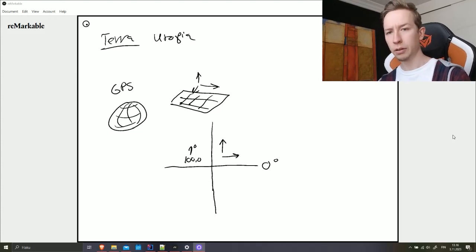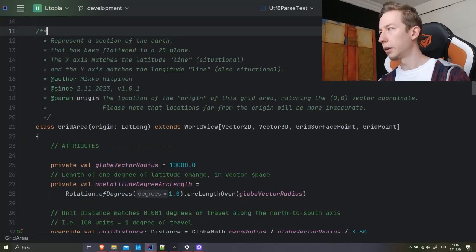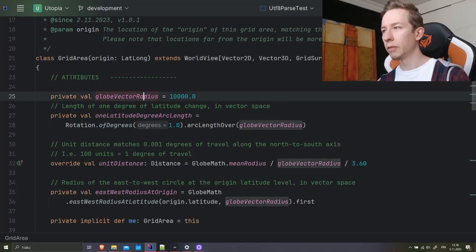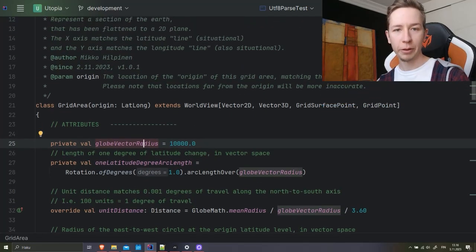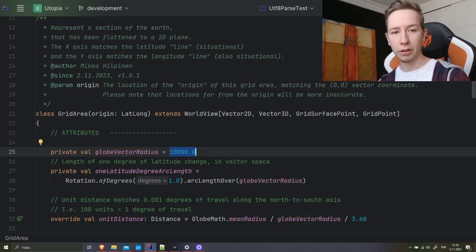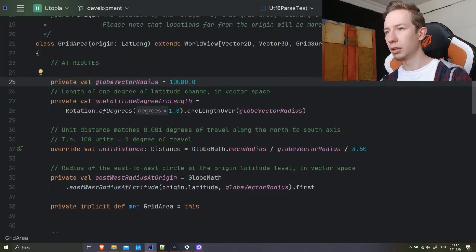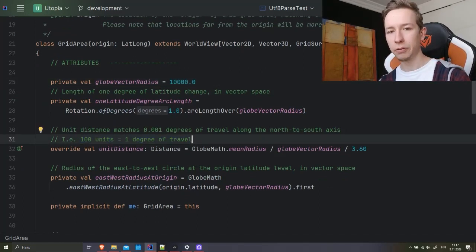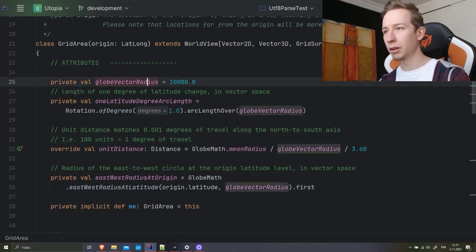Which brings to my mind, let's just check if we had here globe vector radius. Okay, yeah. Here we are immediately faced with a problem: earlier we defined this globe vector radius as 10,000 units of length, and then we changed the distance unit to measure degrees of travel. So these are obviously incompatible with each other.